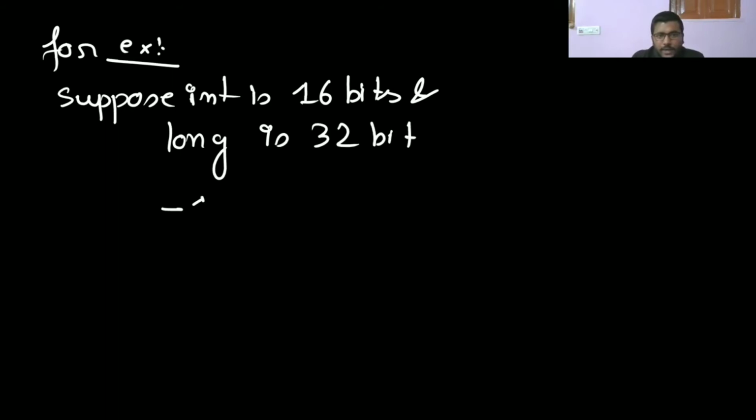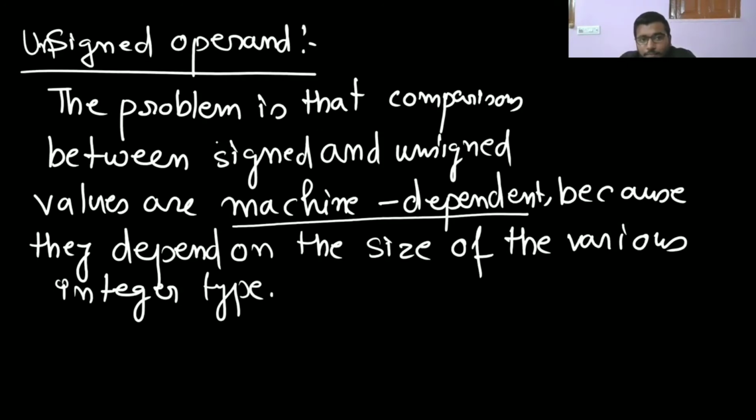Then if I write minus 1L, which is a long, and 1U, which is unsigned int, which is greater? See what I am saying here. You have taken that int is 16 and long is 32. The problem is that comparison between signed and unsigned values is machine dependent, because it depends on the size of the various integer types.